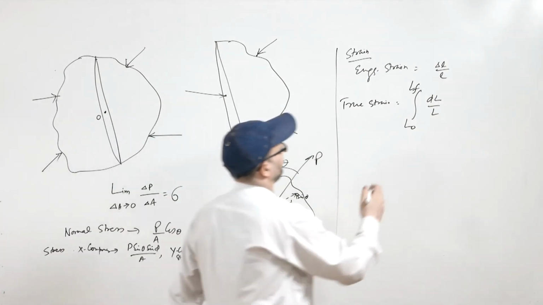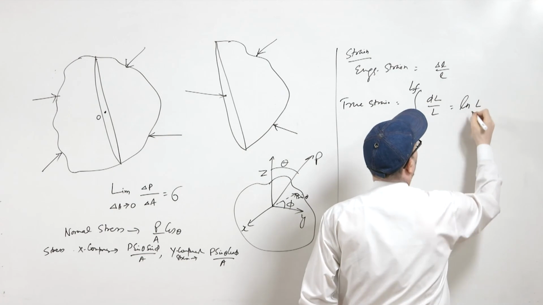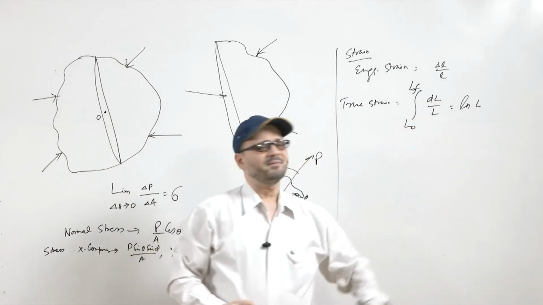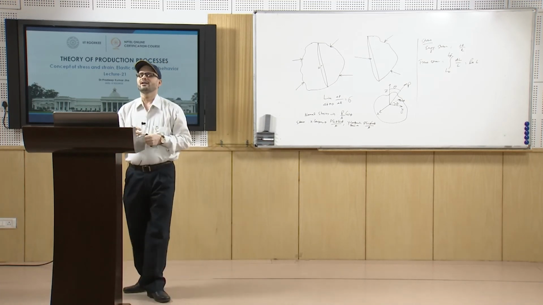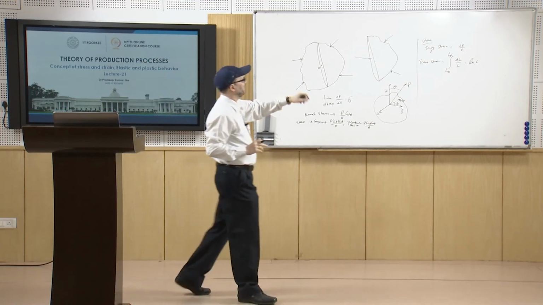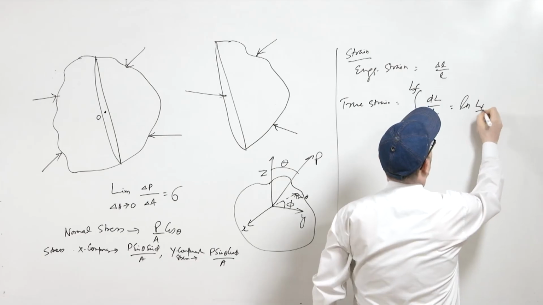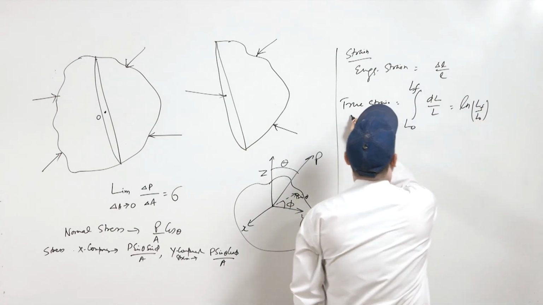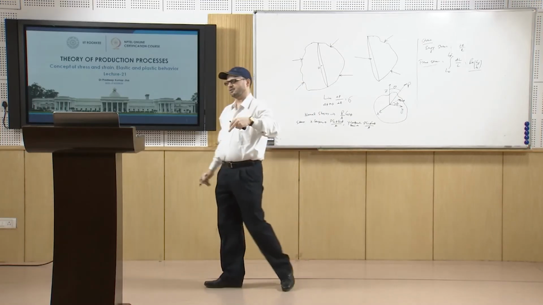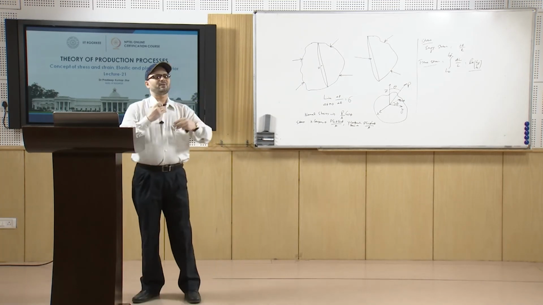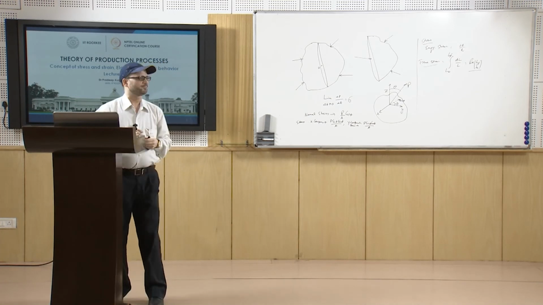In that case ln L varies from L naught to LF, so ln of LF by L naught will be the true strain that you get. So, this will be the true strain that is being used mostly for plastic deformations. It has a practical meaning that we will see in our later work.